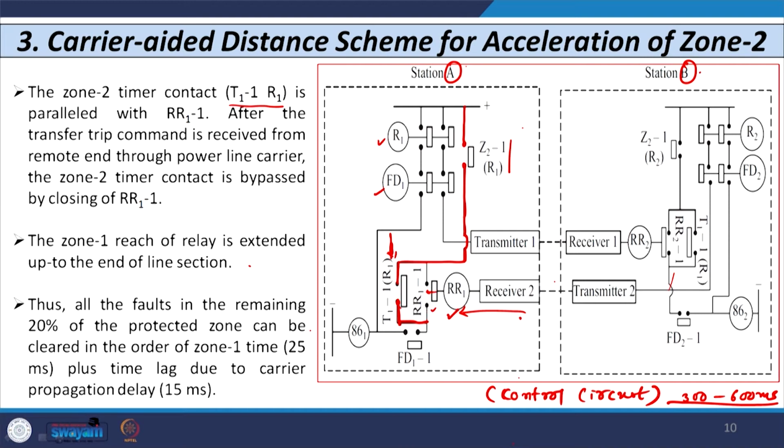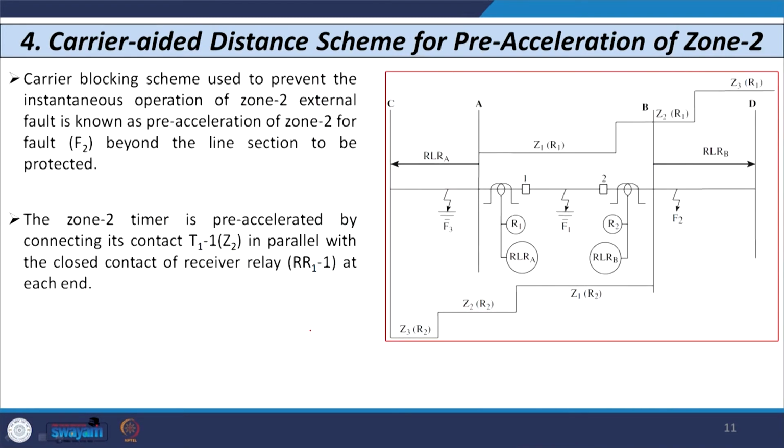So, this is how the carrier added distance scheme for acceleration of zone 2 works. Now, let us see the fourth scheme, which is known as the carrier added distance scheme for pre-acceleration of zone 2. Now, what is the difference? In the carrier blocking scheme, which we have already discussed, it is used to prevent the instantaneous operation of zone 2 for any fault at F2, in the remaining 20% on this side or this side.